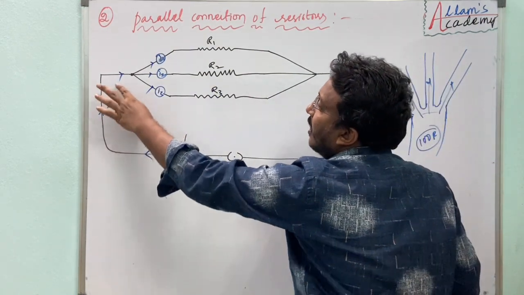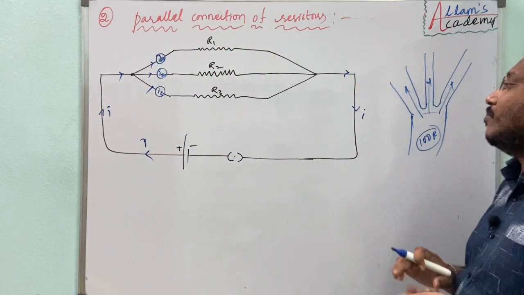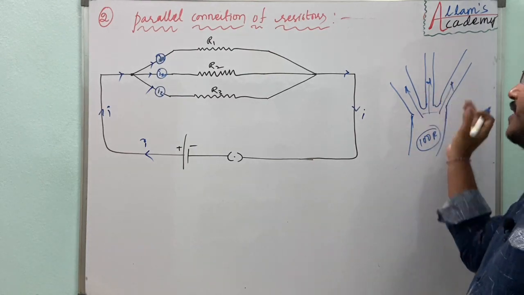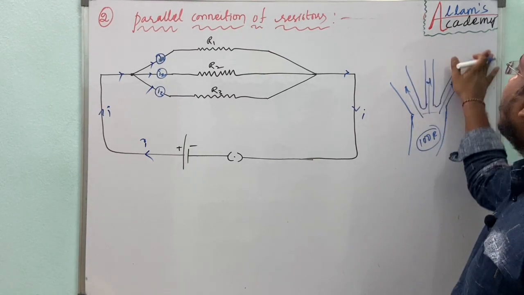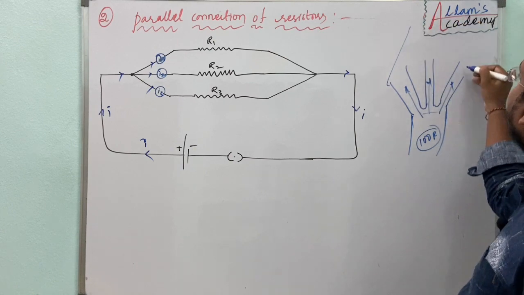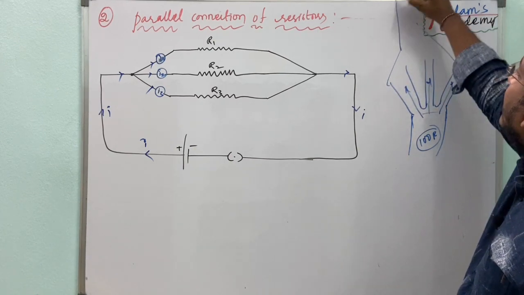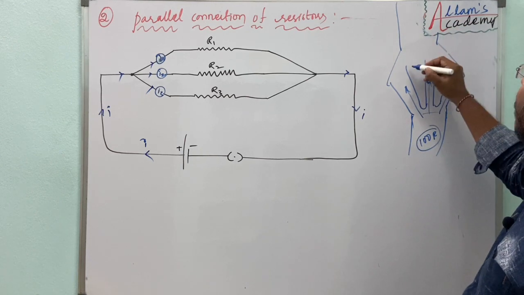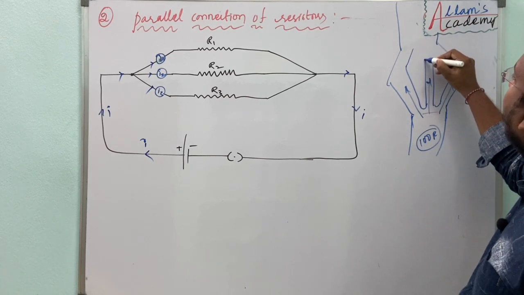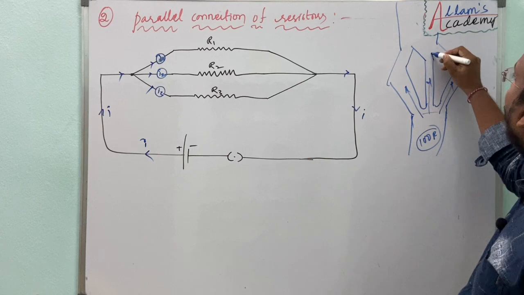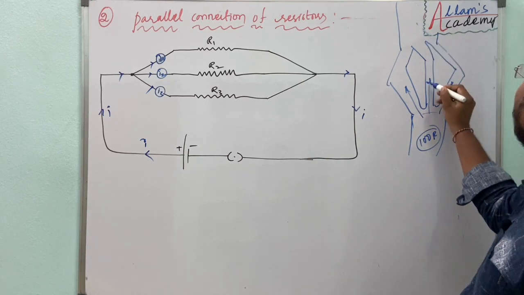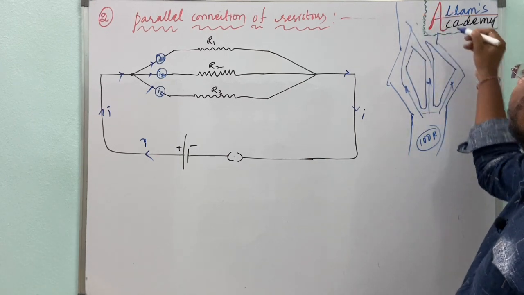So your amount of current splits into different parts. Here also current splits. And again these three are connected to one end itself, and again all three are connected to one end. Then again they all come together in the same way.